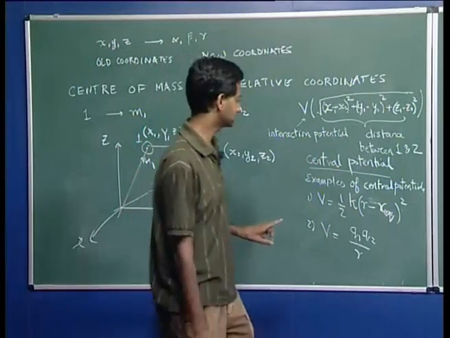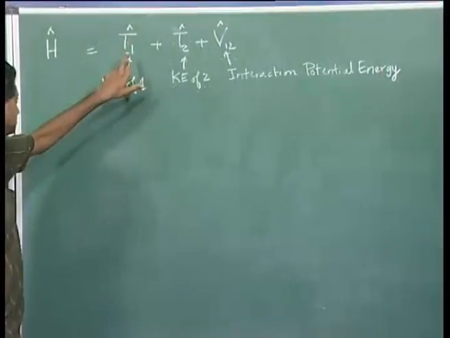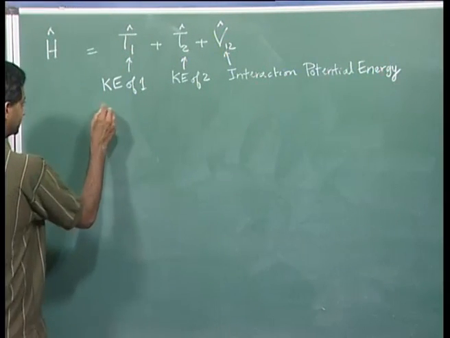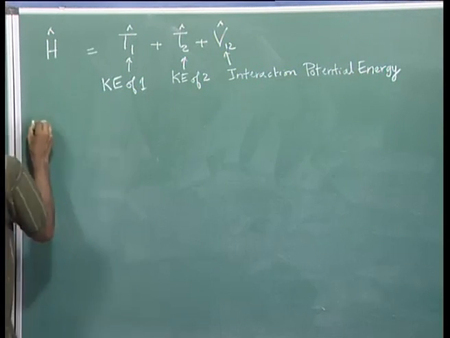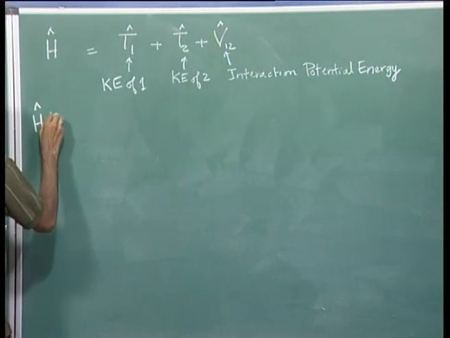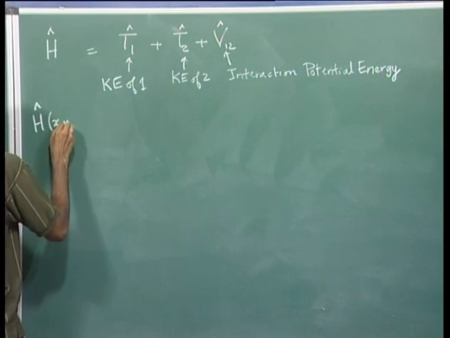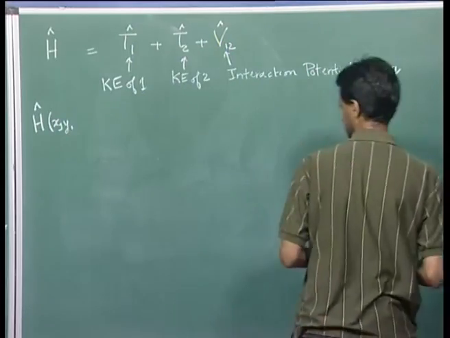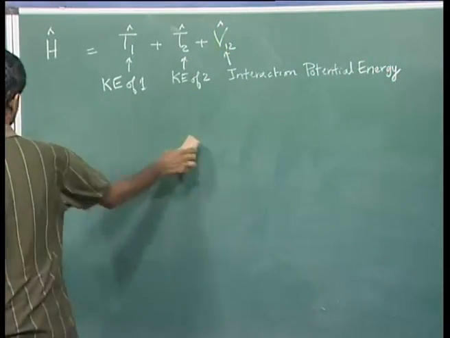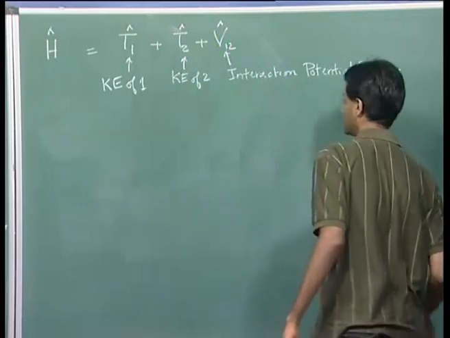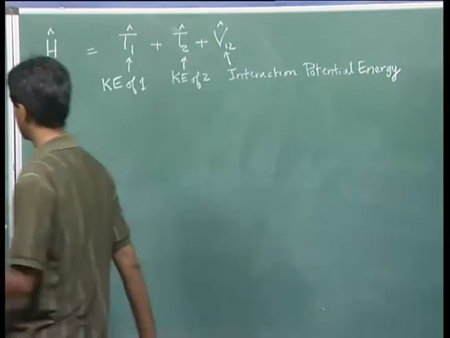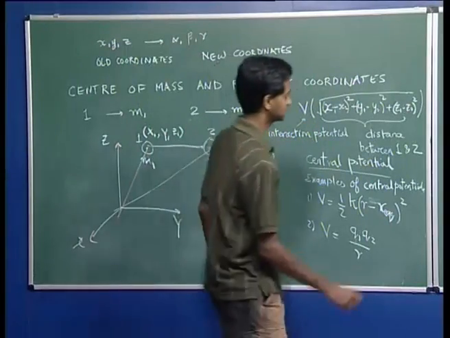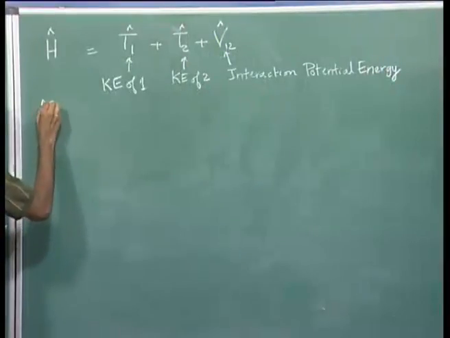The point is we know the form of the operator for the kinetic energy of 1, in the x, y, z coordinates, or rather x1. Let me get back to this. The Hamiltonian is an operator that operates on the variables involving the positions of both the particles.